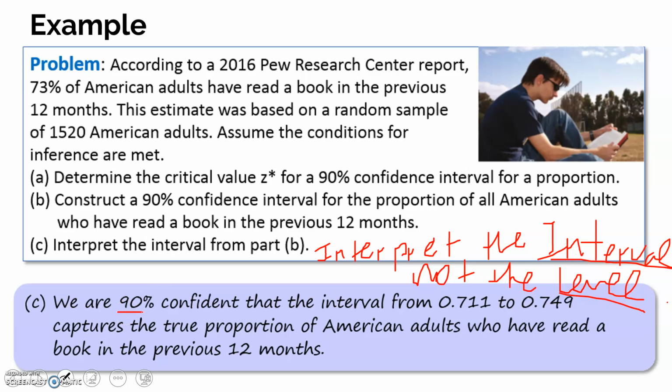We are 90% confident that the interval from 0.711 to 0.749 captures the true proportion of American adults who have read a book in the previous 12 months. We are looking for the interval, and go back to chapter 7.1 if you need a refresher on how to interpret an interval.